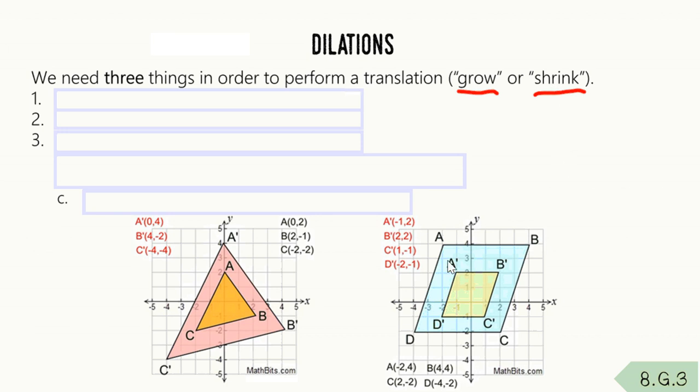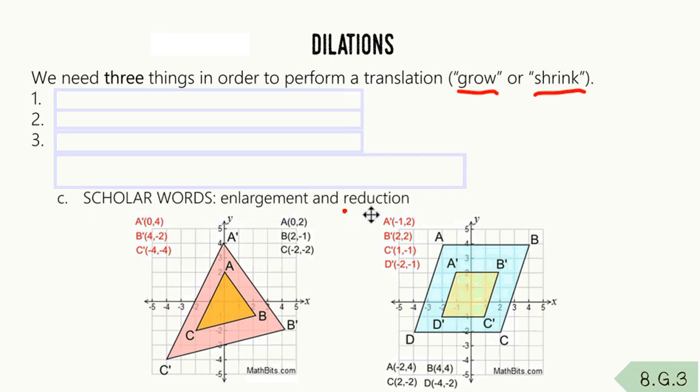So this is parallelogram A, B, C, D, and I can see that the size is now smaller, A prime, B prime, C prime, D prime, and this is also a dilation even though it's shrinking, and we're going to be using the scholar words enlargement and reduction. So this is an example of an enlargement, this is an example of a reduction.